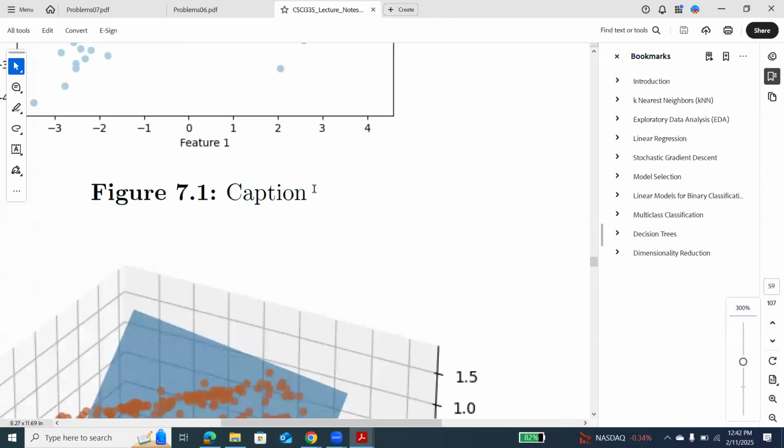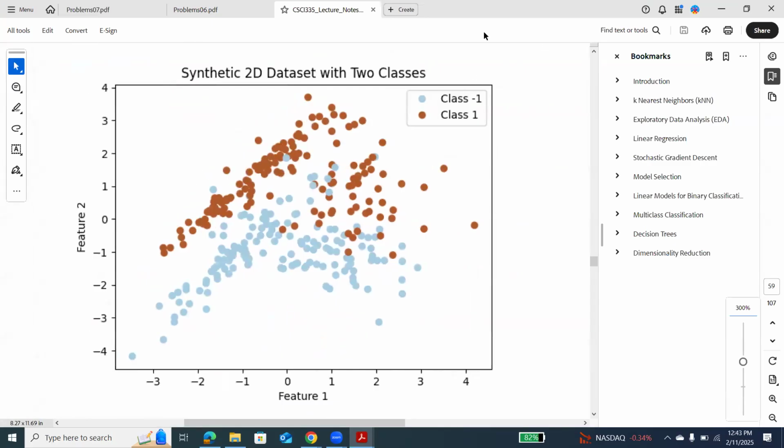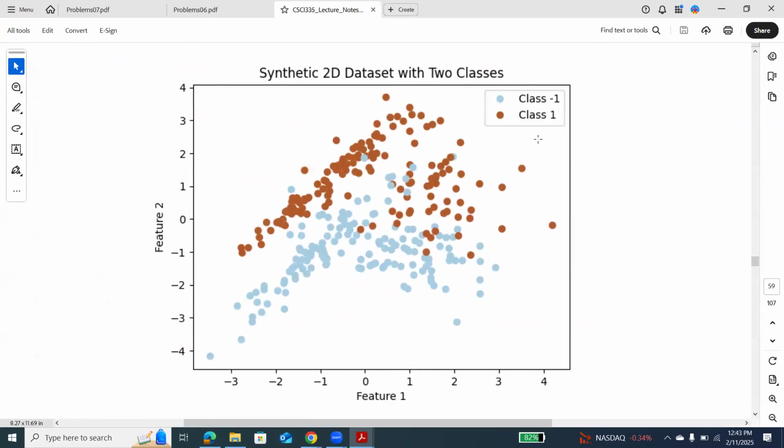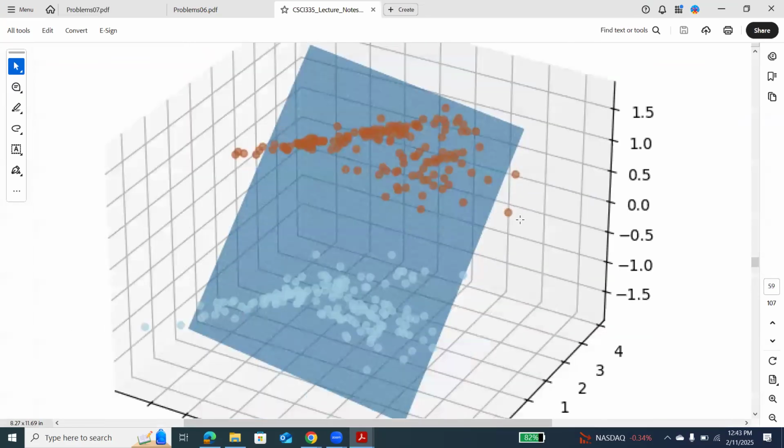Assuming we have these data points, and we have class 1 and -1, why don't we visualize these data points in three-dimensional space? So in three-dimensional space, it will look like this.